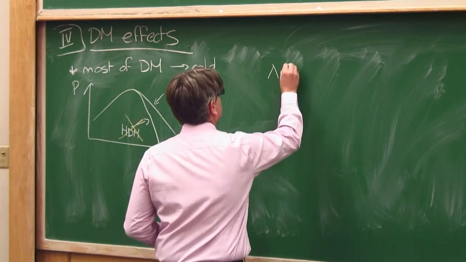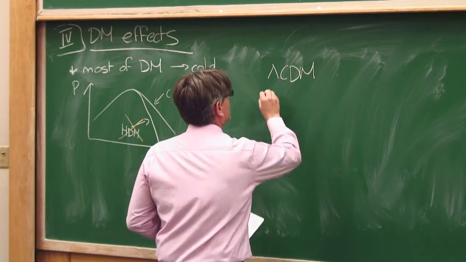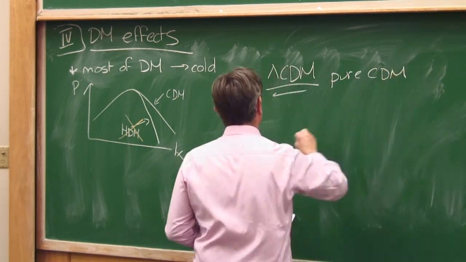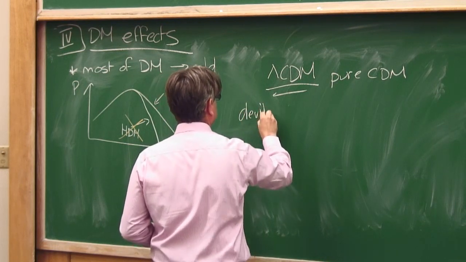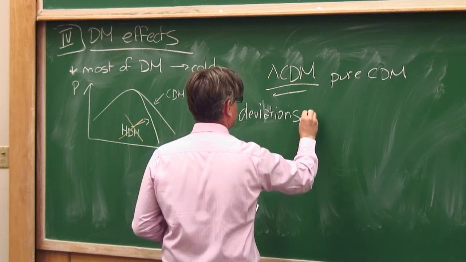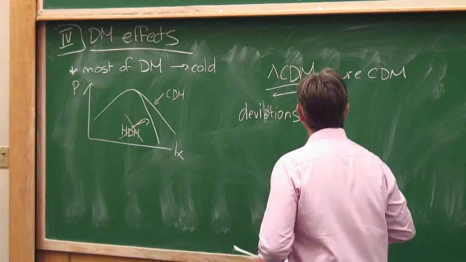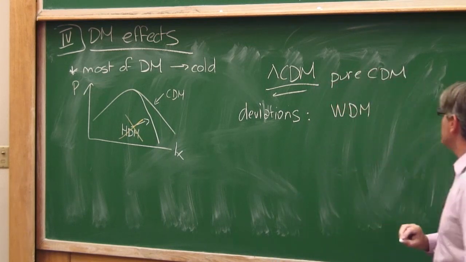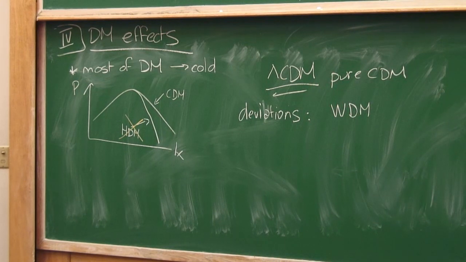So lambda CDM assumes pure cold dark matter, and deviations from this scenario which are investigated include the possibility that dark matter would be warm. It means that it would have some intermediate value of the velocity dispersion.